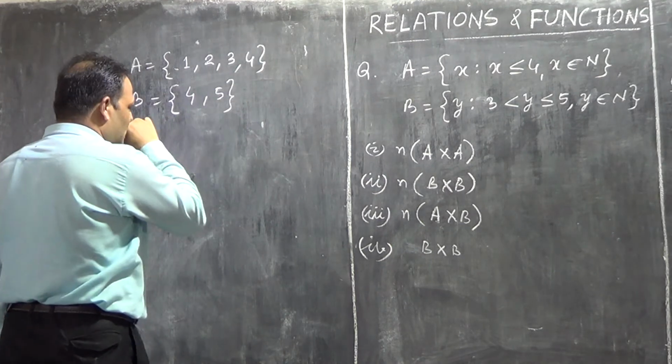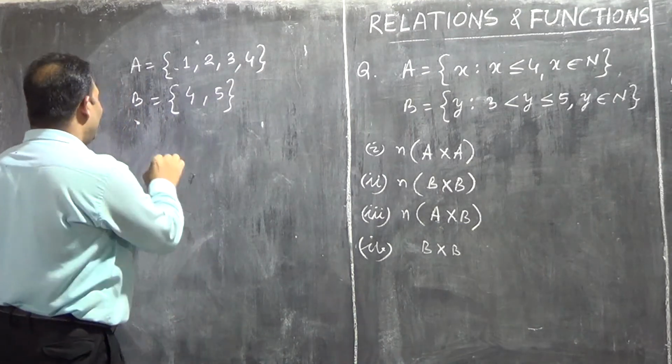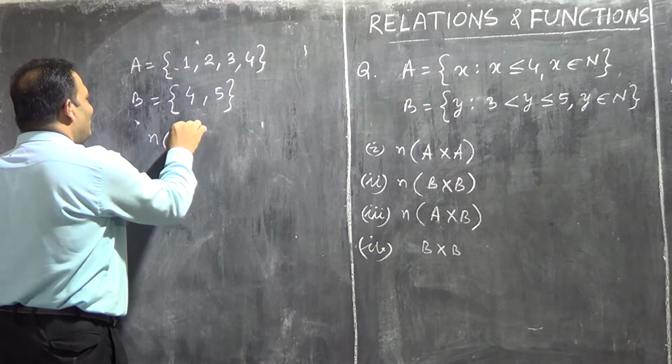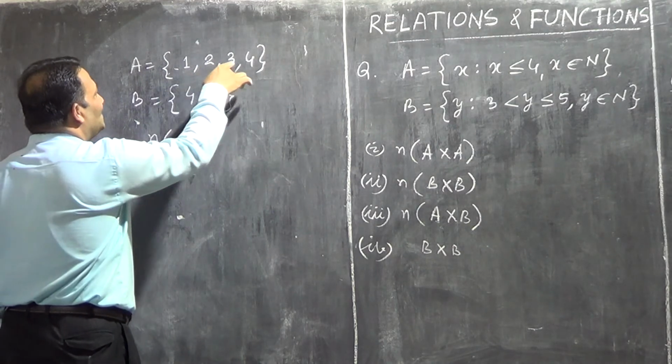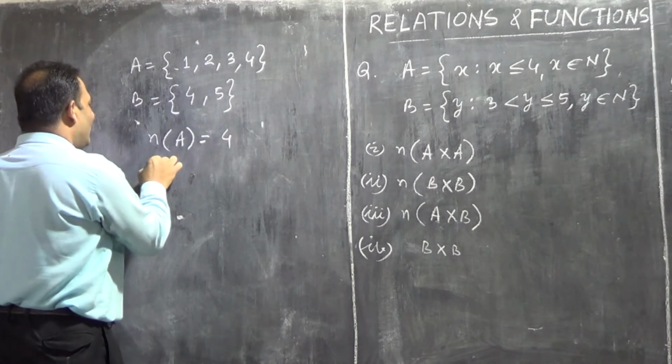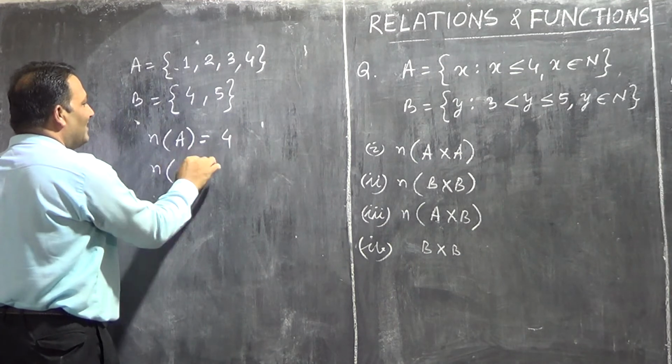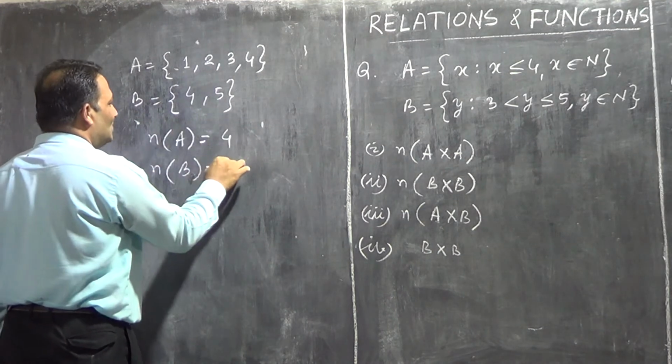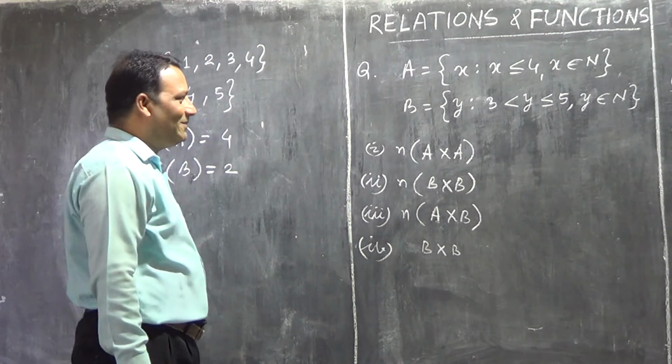So after getting the elements, number of elements in A is 4, and number of elements in B, how many? 2. So think about the property.